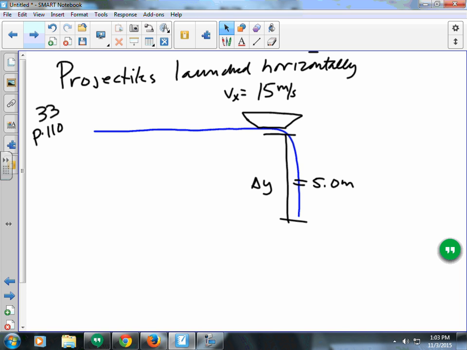Just draw, what's the trajectory? It's always the shape of a parabola. There are some qualitative questions for tomorrow. The path of a projectile is its trajectory. A trajectory is always the shape of a parabola.